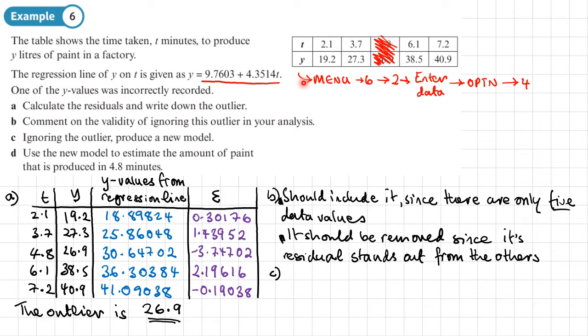So if you've forgotten how to do that, on your calculator go to Menu, 6, then press 2, then we're going to enter our data, then press the Option button, OPTN, under Shift, then 4, and then it will give you the values of A and B, and they're quite long here, so I'm probably going to give my answers to 4 decimal places, something like that. Let's see what we've got.